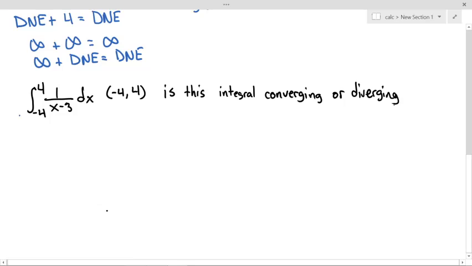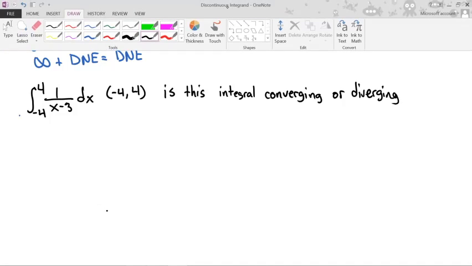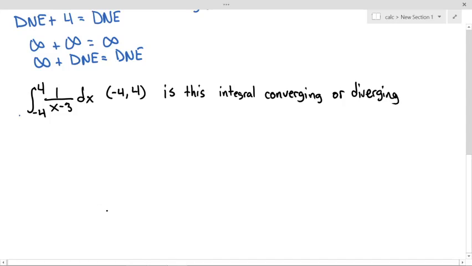Because we know this is an improper integral, we're just going to convert it. The first thing we do is break it up into two integrals.